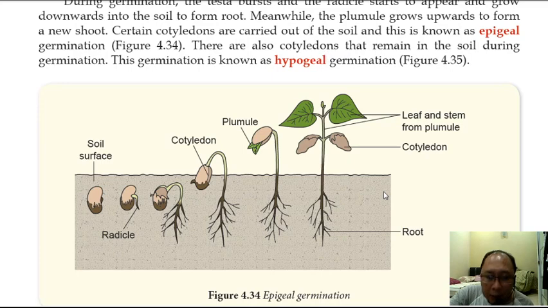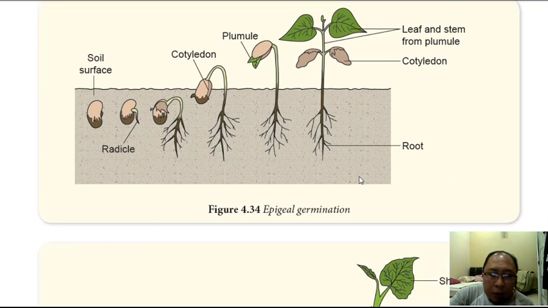So this is epigeal germination. You can see the leaf and stem from the plumule, and this is the cotyledon that becomes small because the inside content of the cotyledon is being used for the process of germination.